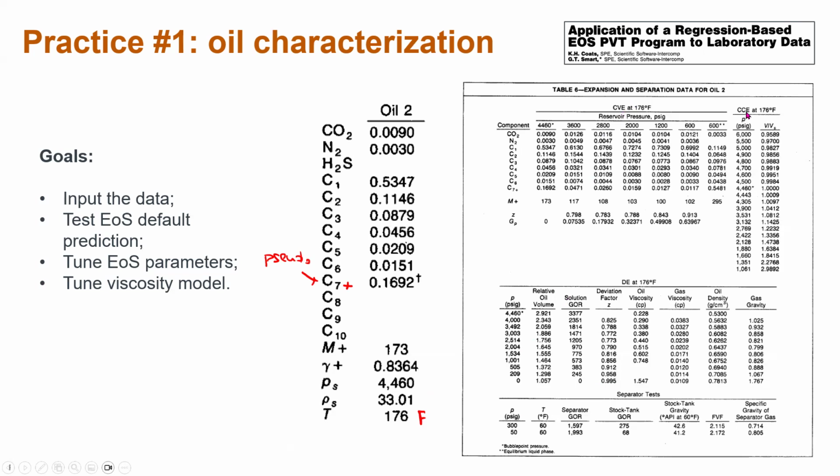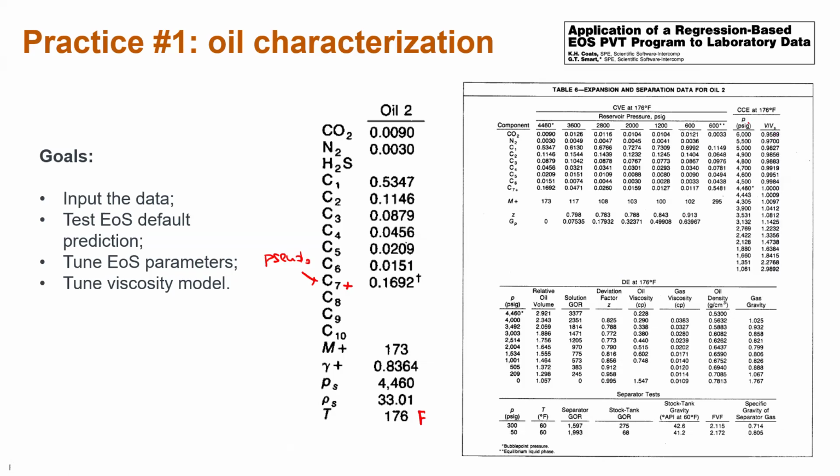During the constant compositional expansion, you are reducing the pressure. If the pressure is dropping, you are changing the relative volume of the oil. This is the oil volume over the oil volume at the saturation pressure, where VS is the oil volume at the saturation pressure.